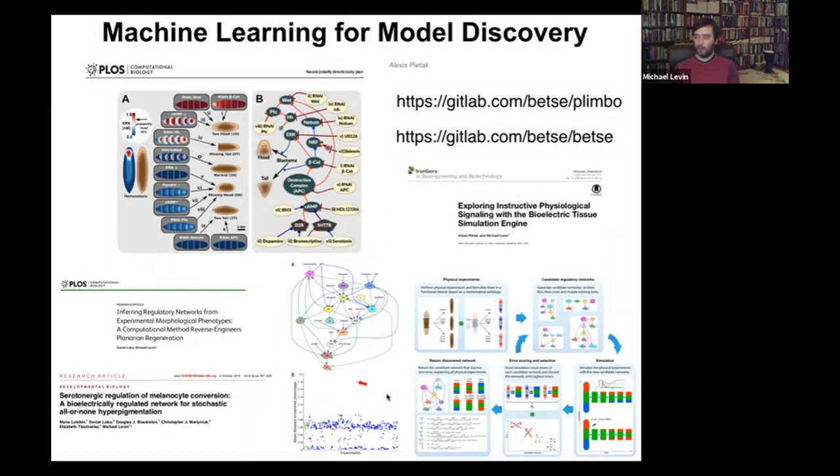We've shown that you can use machine learning to find models that are really good at explaining functional data sets. In other words, you did something to the system and then something else happened. What is a model that explains that? And then find these needle in a haystack interventions that are ways in which you could perturb it to get it to do what you want. I think that is the future of using this for regenerative medicine.